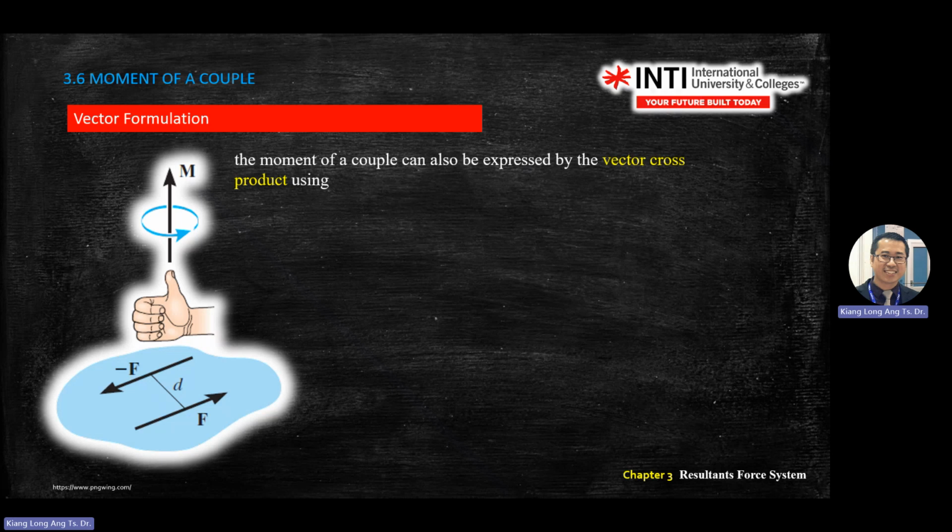So don't come to me and say, Dr. Ang, I got the correct answer, but the question asks you to use vector analysis. You have to show IJK in your answer. So you just pull out M equals R cross F. In this case, R is the distance between the two couple forces.